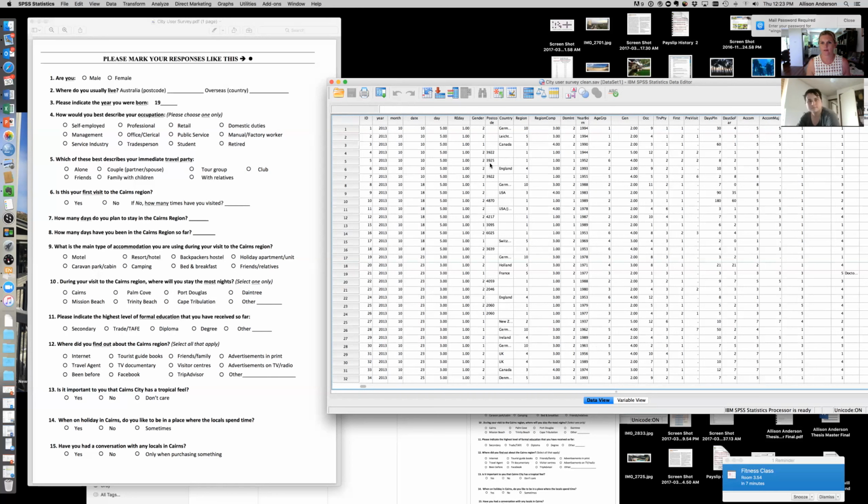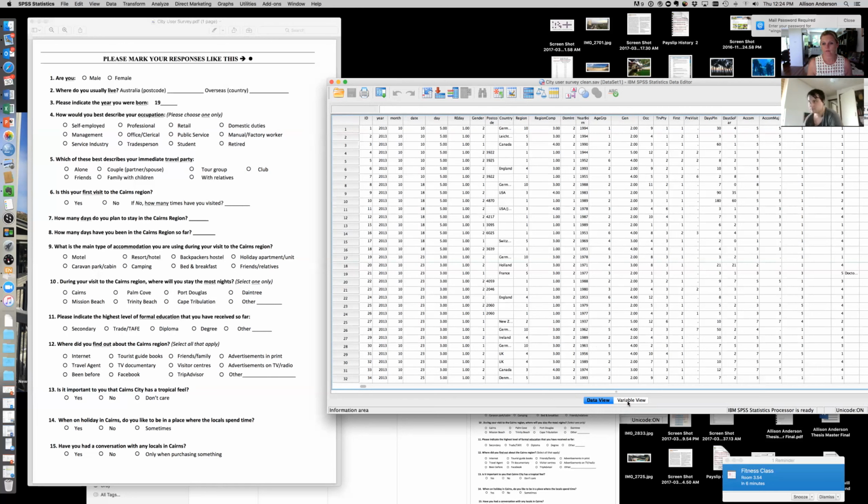I'll explain that in a second. RE day, I can't remember why I had RE day in there. Gender, you're either 1 or 2, male or female. Your postcode if you're in Australia. Your country. You can see that these are aligning. Each one of these columns is aligning with the questions going down the left-hand side of the survey.